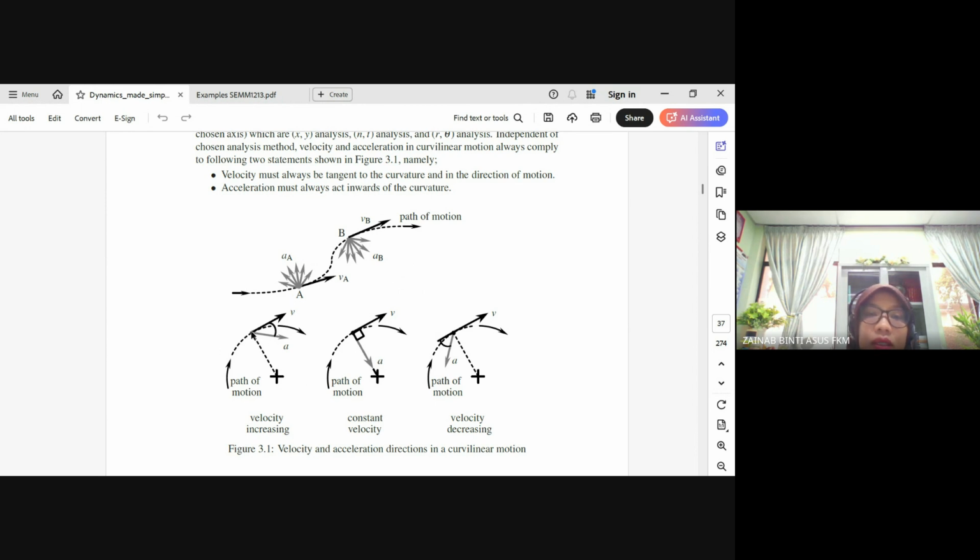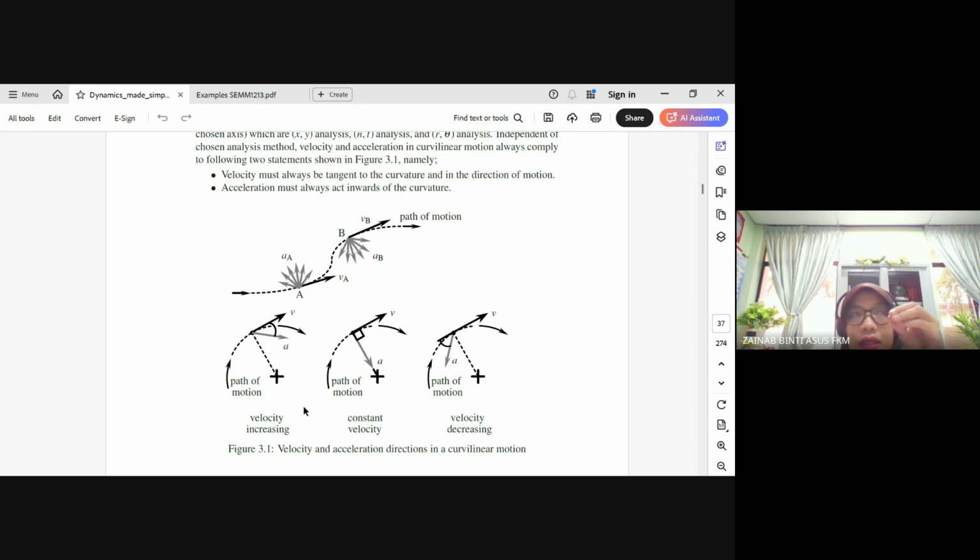In the first case, the acceleration is in this direction here. You have the V like that, and your acceleration is in that direction. If you have a case like this, that means your particle is accelerating, so the velocity is increasing.